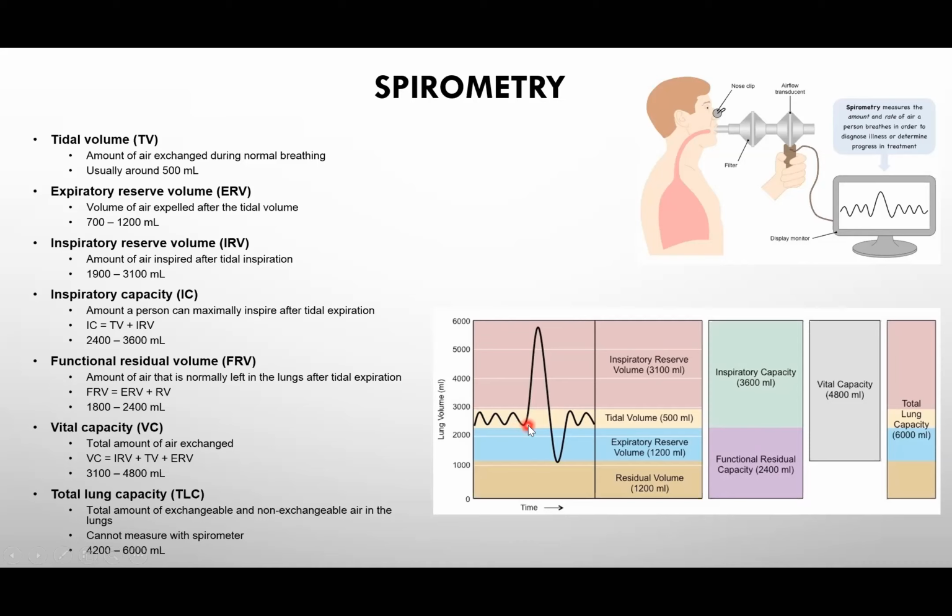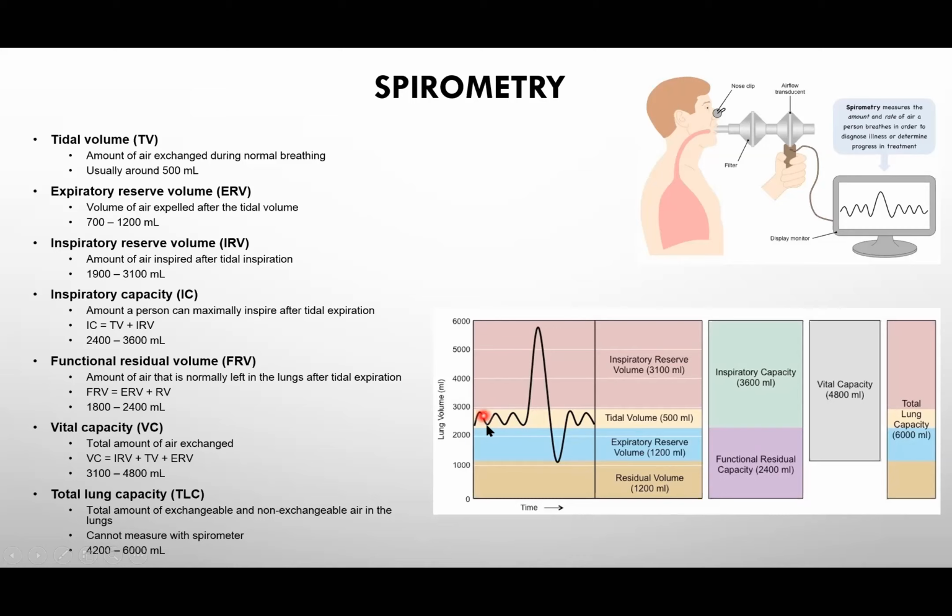The expiratory reserve volume refers to this: if I were to say, okay, regular breath, regular breath, regular breath, and then at the end of your regular exhalation, push out all of the extra air that you can. All of that extra air is the expiratory reserve volume.